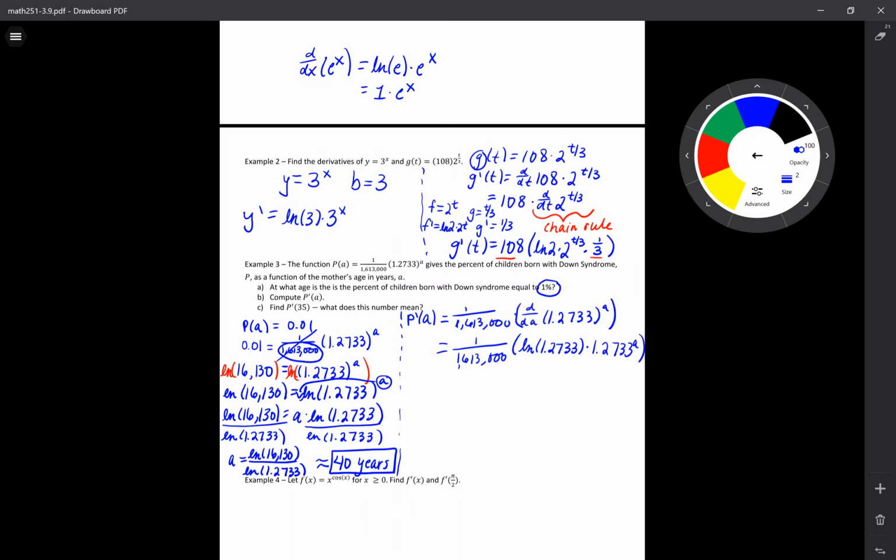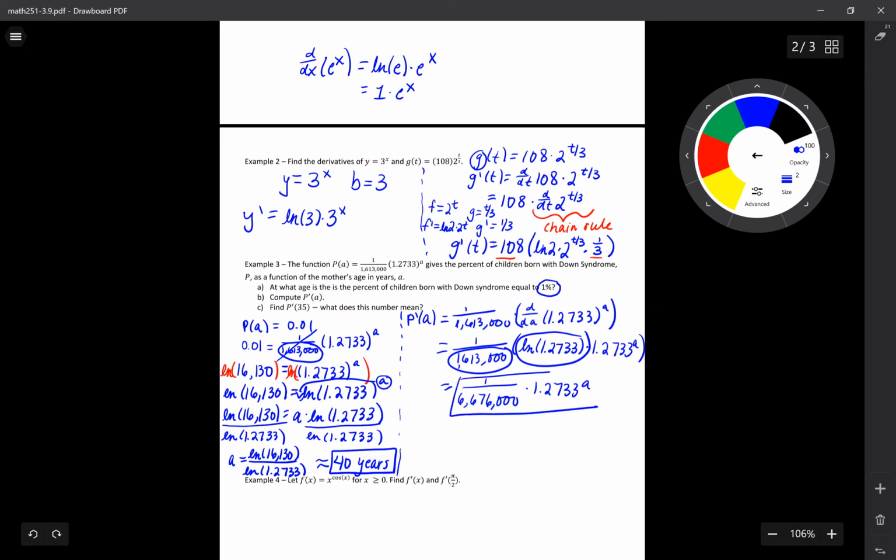And if I were to simplify, so this is a constant, right? And this is a constant. And if I were to combine our two constants, this would be 1 over 6,676,000 times 1.2733 to the power of a. So this is the derivative of my function.